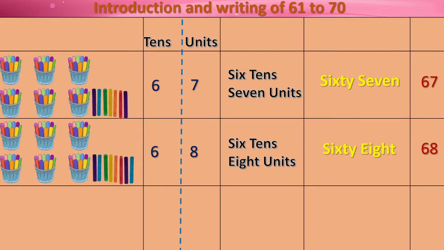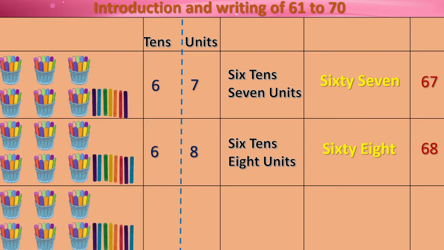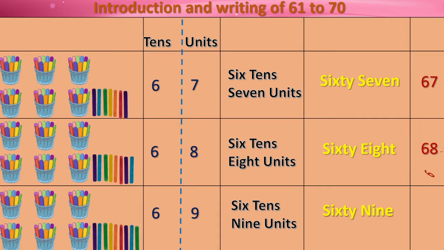Okay, we are going to add one more stick to these 68 sticks. See here. So here it became 6 tens and 9 units. Right? 6 tens and 9 units make 69. And in numerals that is 60 and 9. Right?